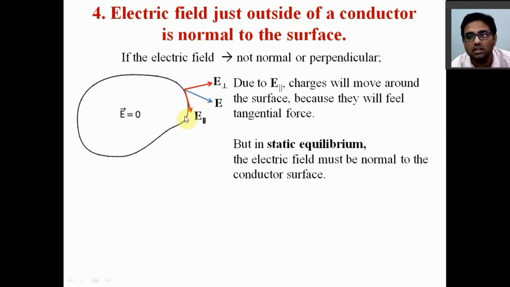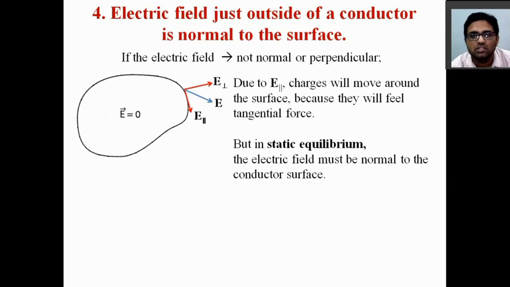As a result, charges will move around the surface of the conductor as they will feel some force due to the tangential component of the electric field, right? But here we have static equilibrium, so the electric field must be normal to the conductor surface, right?